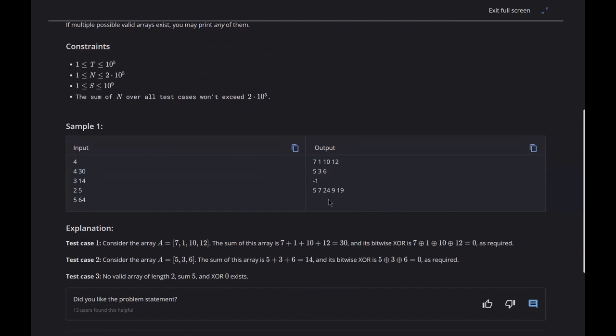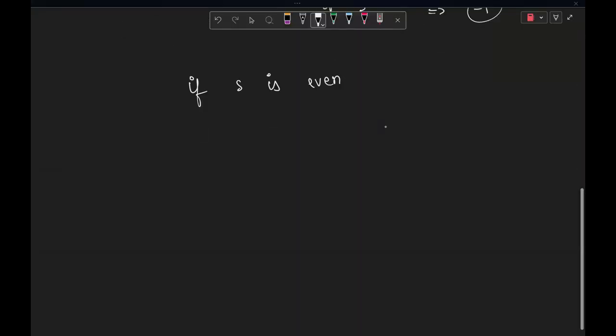Okay, the example test cases were not really that helpful. I did not get much idea from them, but I got it randomly. You know that S must be even. I tried to make up two cases: what if N is odd and what if N is even.